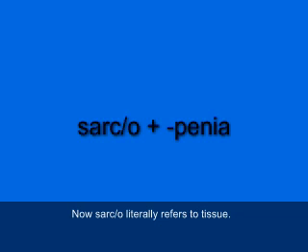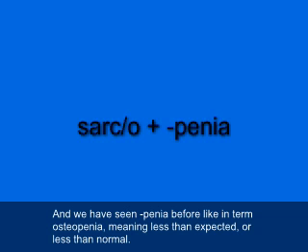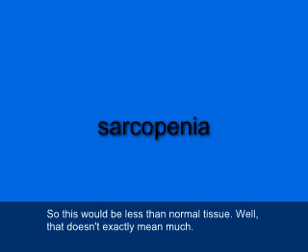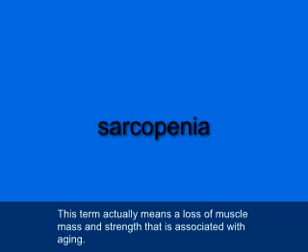Now, sarco literally refers to tissue. And we have seen penia before, like in the term osteopenia, meaning less than expected or less than normal. So this would be less than normal tissue. Well, that doesn't exactly mean much. This term actually means a loss of muscle mass and strength that is associated with aging.